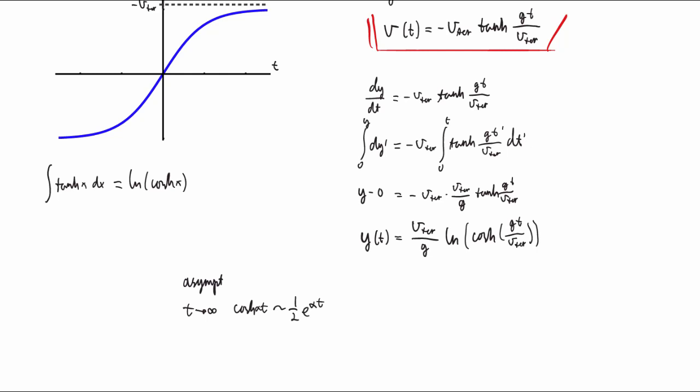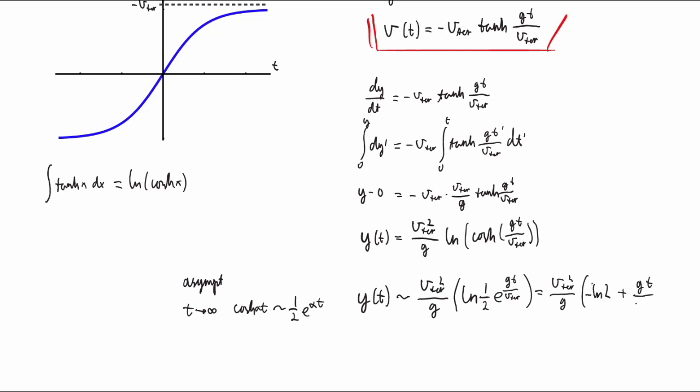So that means that we get, must be a square there. You can see here that this g goes away against that g, this v terminal against one of those, as long as we keep them in here.